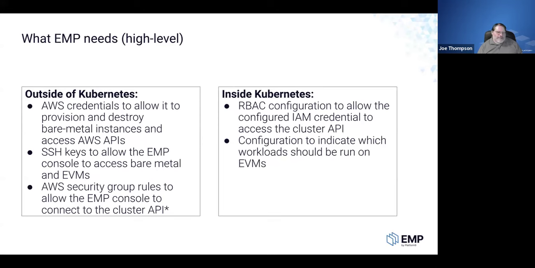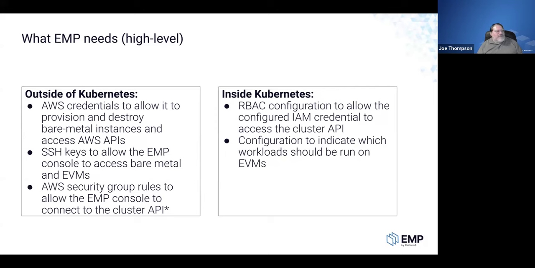Inside Kubernetes, again, there's a couple things we need, but not as much, because the way EMP works is totally transparent to the Kubernetes control plane. We don't need any CRDs. We don't need any custom resources. We do install a webhook, and so we need an RBAC configuration to allow that webhook to access the cluster API.